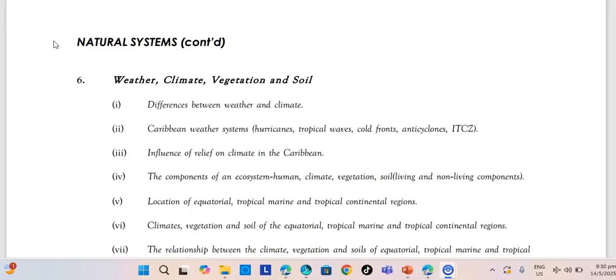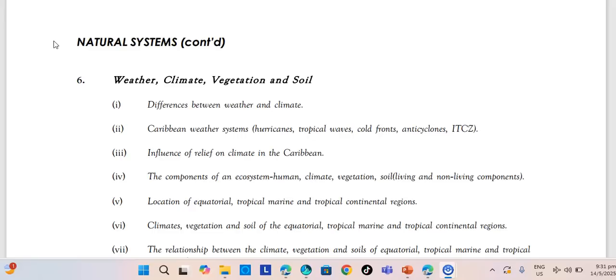We have plants, animals, and microorganisms. Non-living components are climate, soil, water, sunlight, and air, and these support life in the ecosystem.